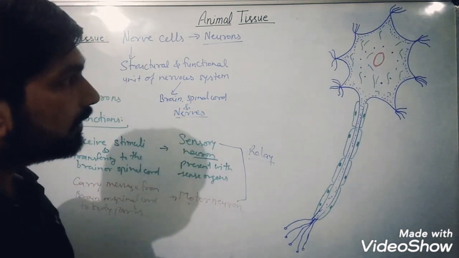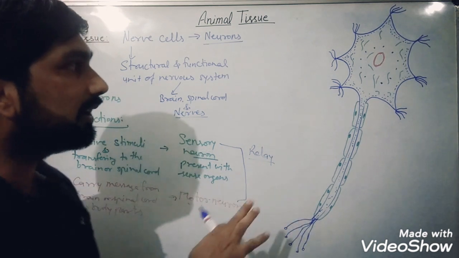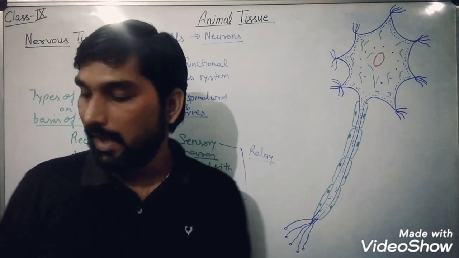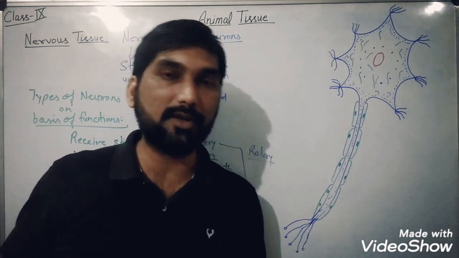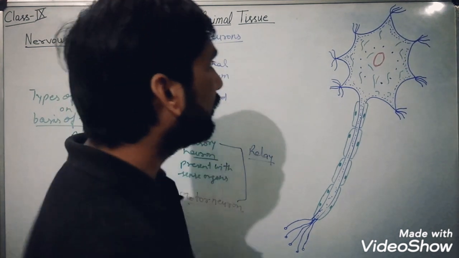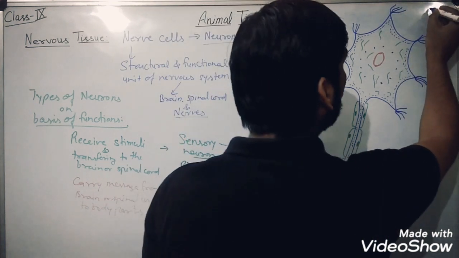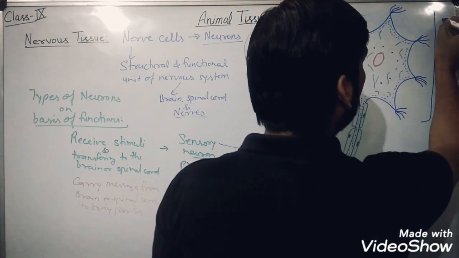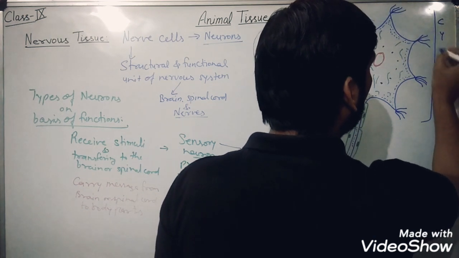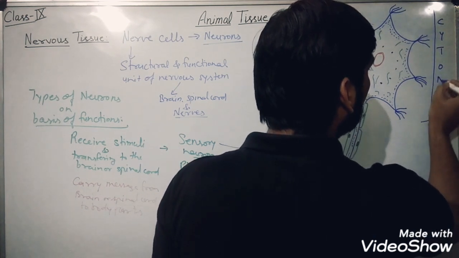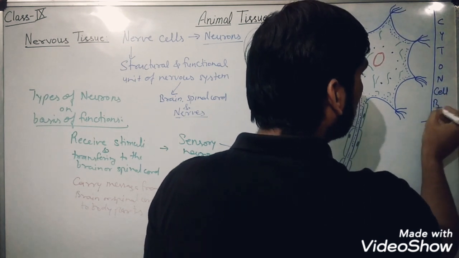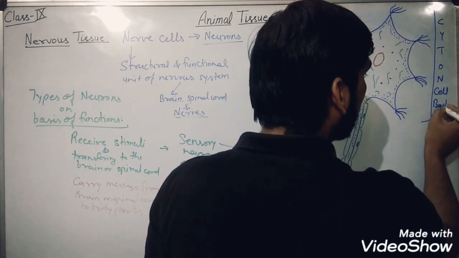When we talk about the neuron structure, we can see clearly 3 distinct parts of the neuron. When we talk about the first part, you can see this region. This region is known as the cyton, or cell body.